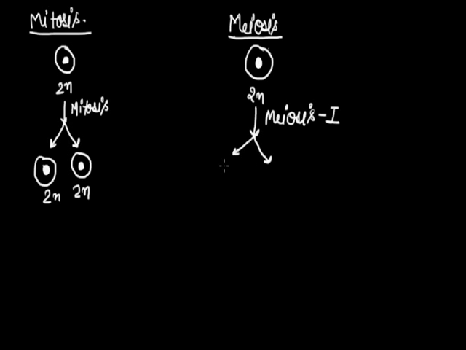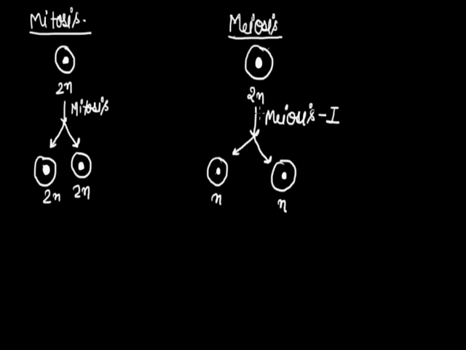Because of it, two daughter cells are formed, and the chromosome number or DNA matter is going to divide like this. Here the daughter cell will get half of the chromosomal amount of the mother cell.